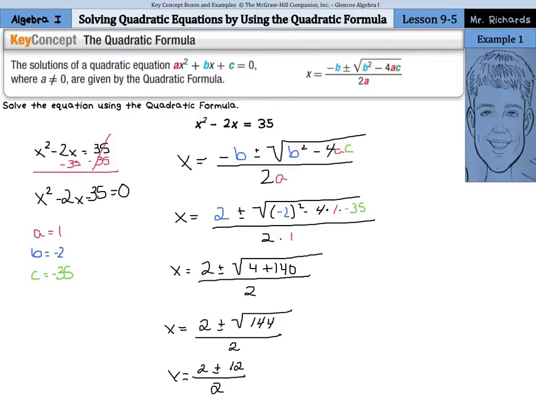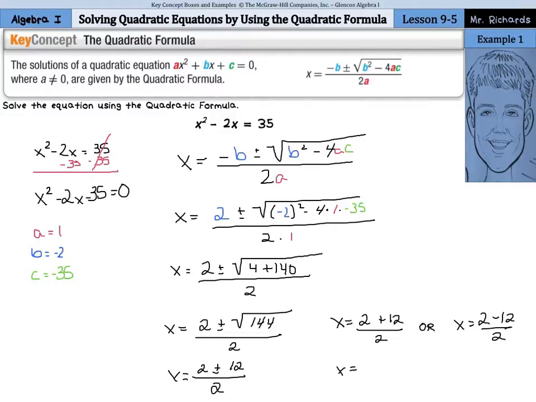And now I can kind of take the two different paths for the plus or minus. x could equal 2 plus 12 divided by 2, or x could equal 2 minus 12 divided by 2.